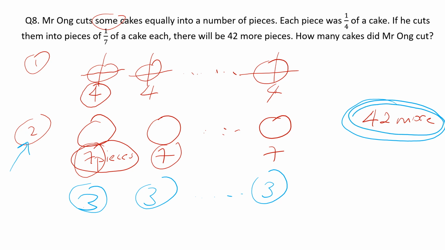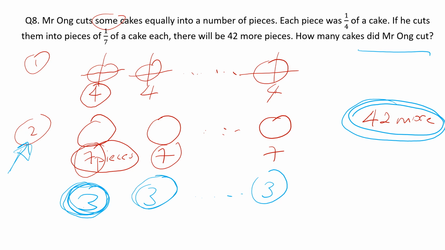So you ask yourself this question: how can I find the number of cakes? Bear in mind that each cake will have 3 slices more if I go for the second method. So read the question carefully. How many cakes did Mr. Ong cut? If I use the second approach, 3 slices more per cake.